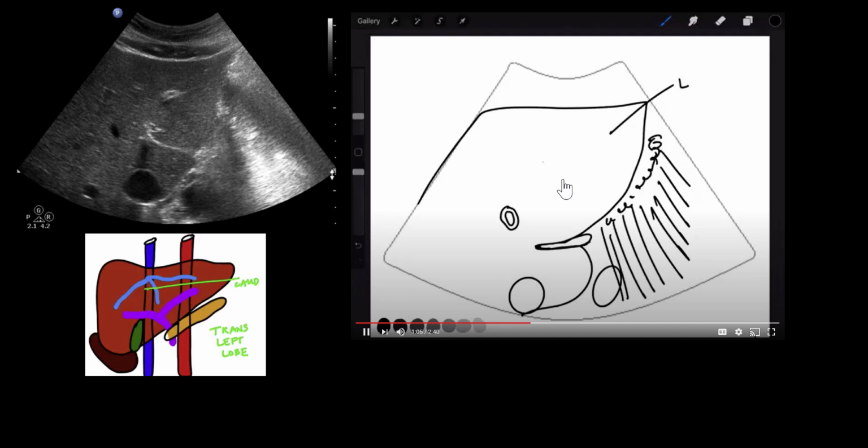And this picture kind of looks like a shark, a smiling shark. So that left lobe makes the nose of the shark. The caudate lobe makes the bottom jaw of the shark.